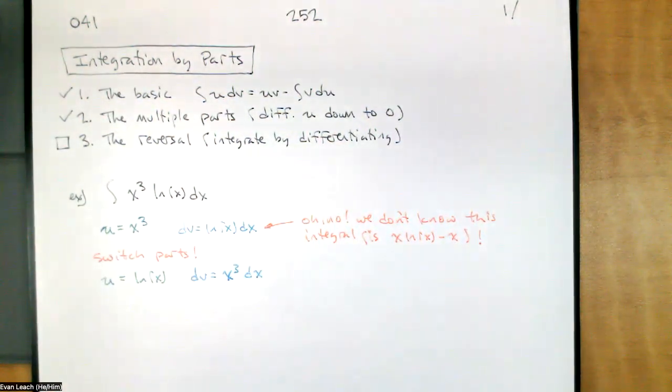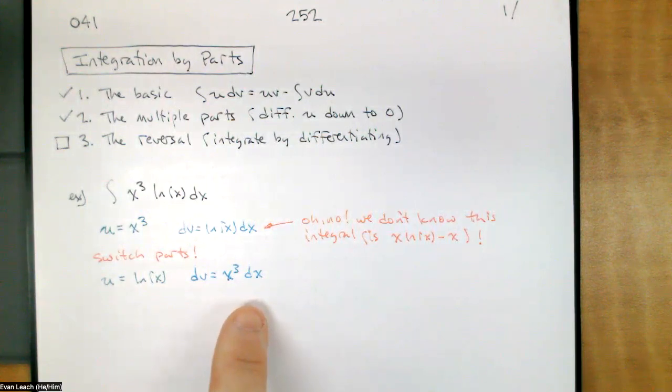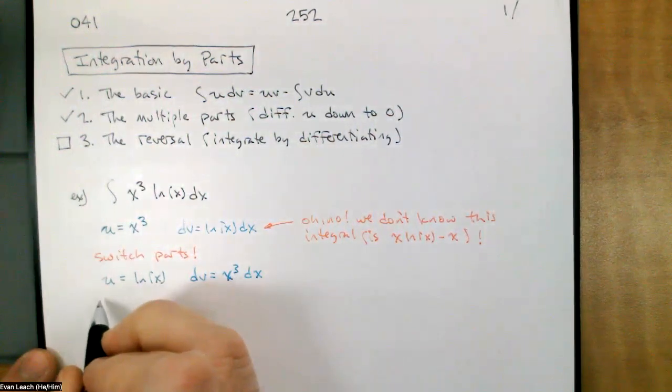In the past, when we have done this with the polynomial in the dv location, we've integrated and things got bigger. But like we just said, the derivative of natural log of x is 1 over x. So the one extra x that we add on this side gets taken out by the 1 over x on the differentiation side. So it's all going to work out. Trust me, everything will be fine.